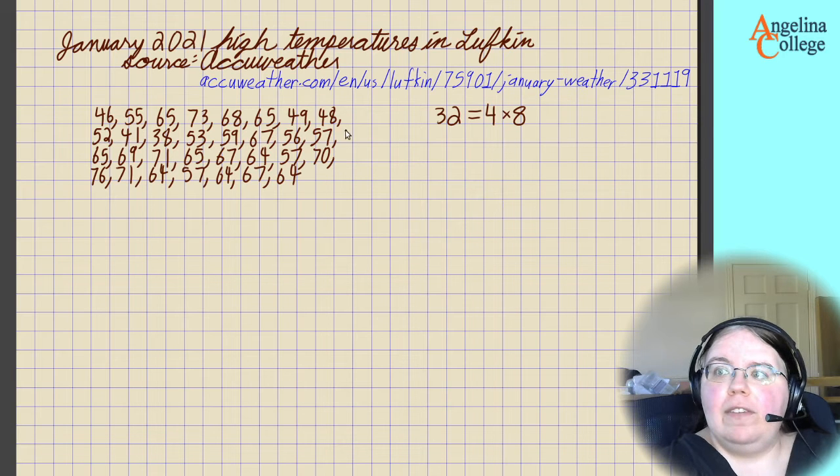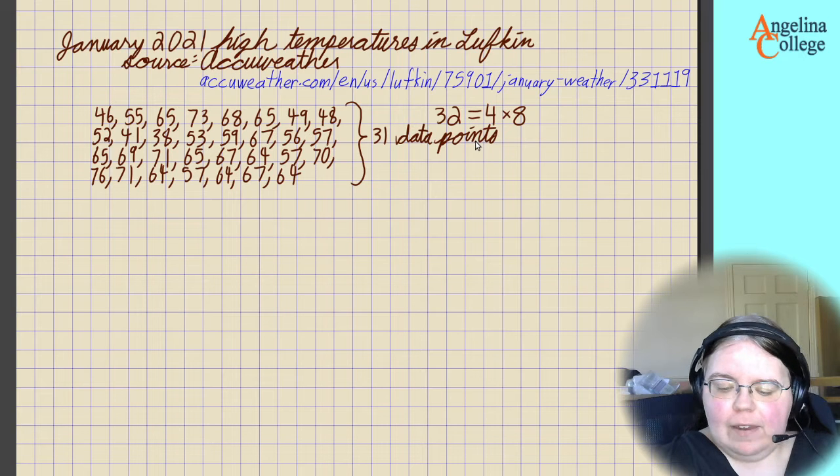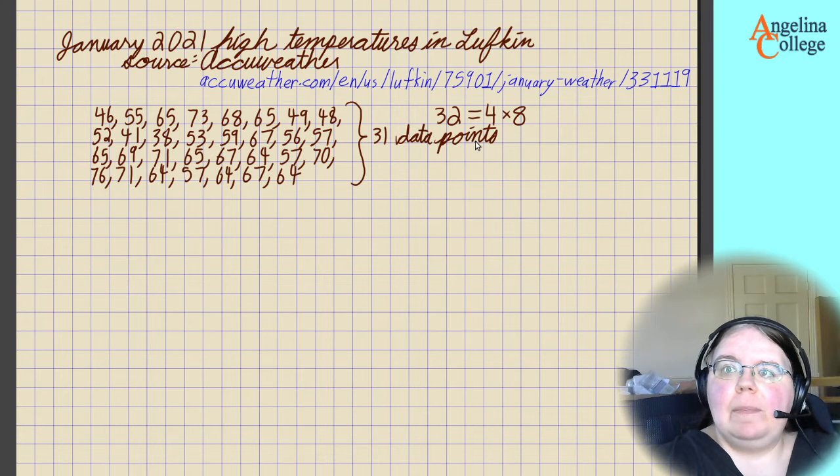Now, the importance of this is we see that there's this one spot here with nothing in it, and otherwise it's a good rectangle. So that tells me that we really do have 31 data points here. So that tells me that I probably didn't make a copying error in copying this out.